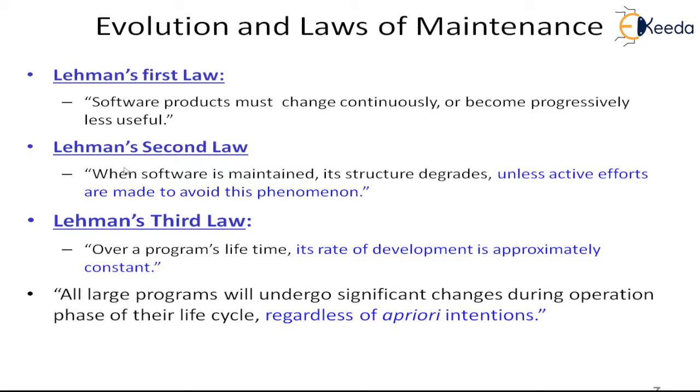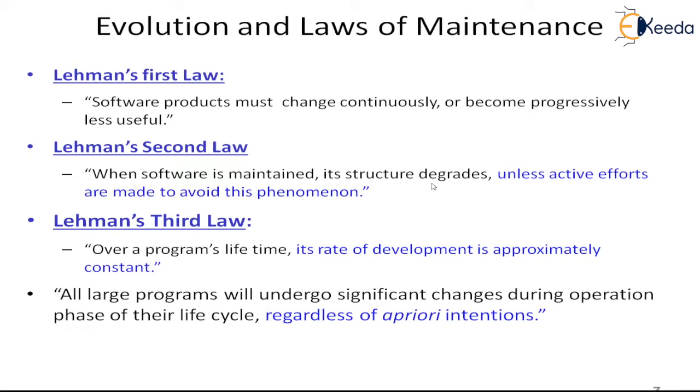Lehman's second law says when software is maintained, its structure degrades unless active efforts are made to avoid this phenomenon. Because when you are doing this maintenance, you have to do the fix very fast because it is already in release. So it is affecting the business function. There is a pressure on the maintenance team, the software engineers who are doing the maintenance, to complete the maintenance in a very short time.